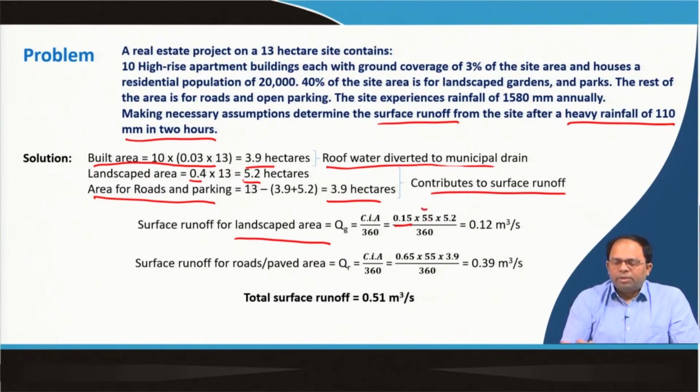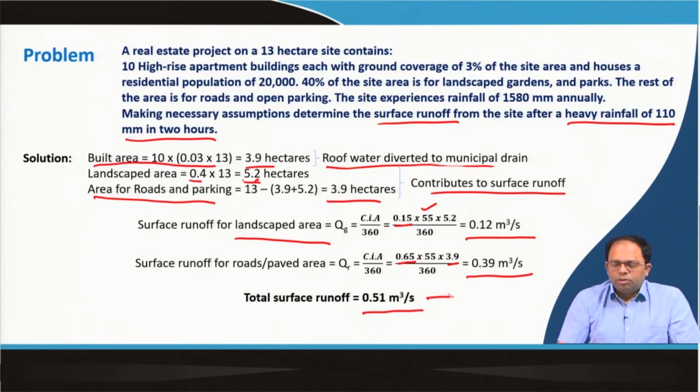So we put 55 multiplied by 5.2, which is the total area in hectares, and we get 0.12 meter cube per second. For surface runoff from roads and paved area, everything is the same except the coefficient and the area are different, and this 0.65 is the coefficient for roads and paved area, and we get a total runoff of 0.39 meter cube per second. So the total surface runoff comes to around 0.51 meter cube per second.